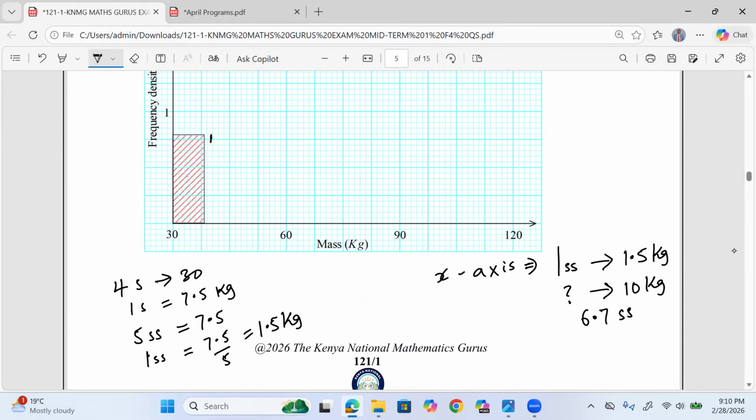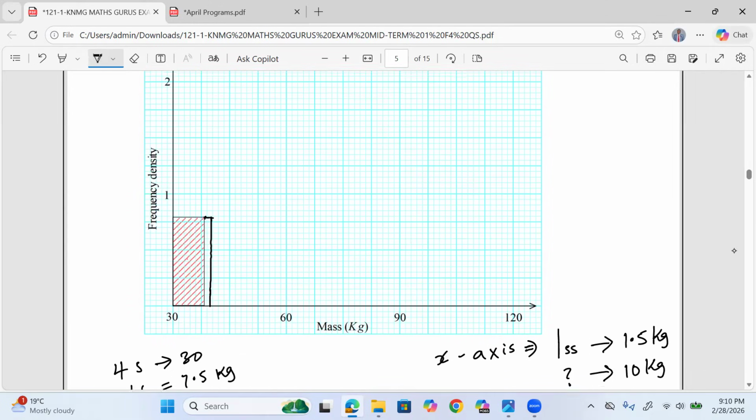So it should be running all the way to after 6 squares. We also move an extra distance like that, 6.7 like that.